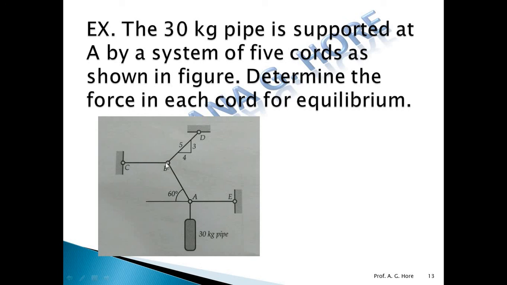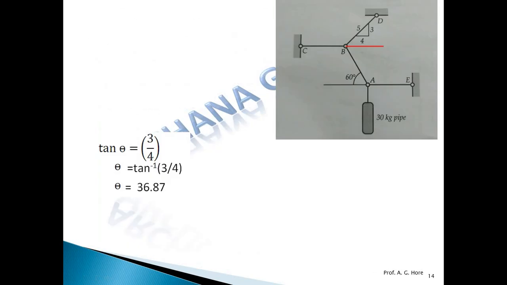For this cord BD, the angle is not given with the horizontal; the slope is given, vertical and horizontal. So find out that angle for BD with the horizontal.